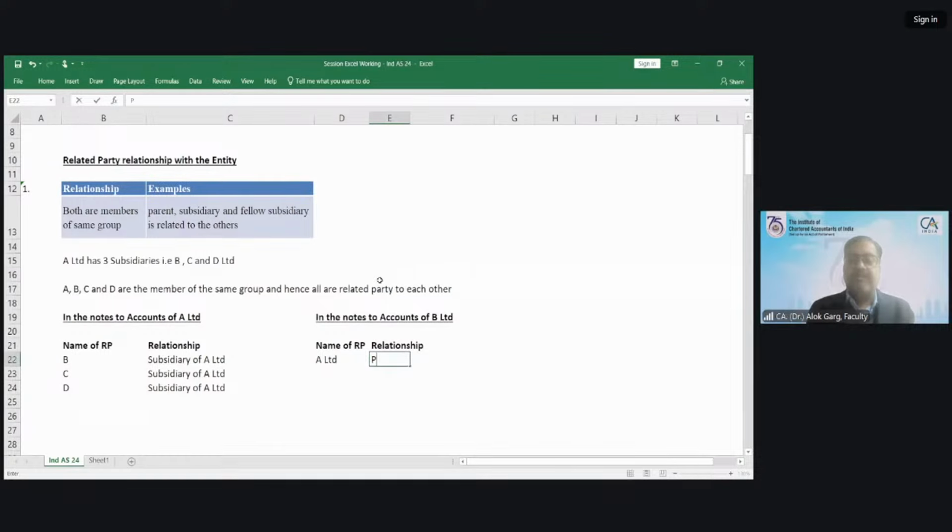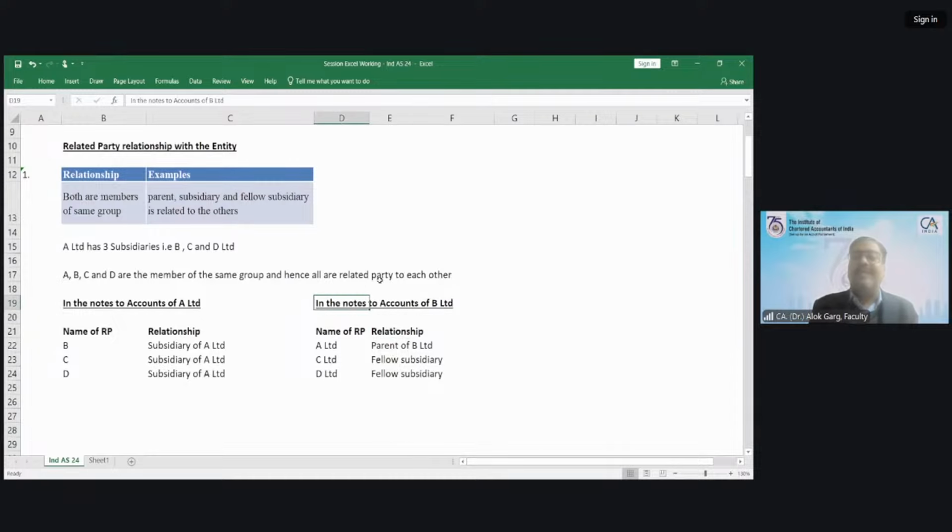What is the relationship? Parent, parent of B Limited, right? And what about C and D? C and D are fellow subsidiaries. Fellow subsidiary. Okay, is that clear?